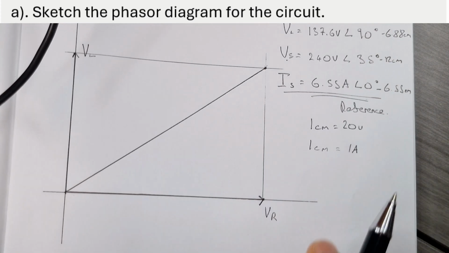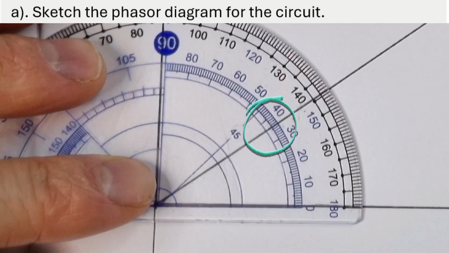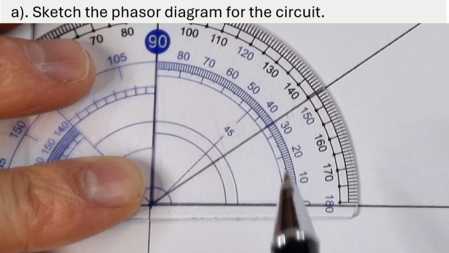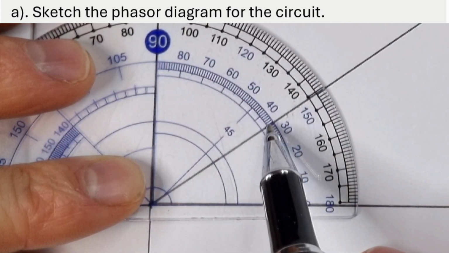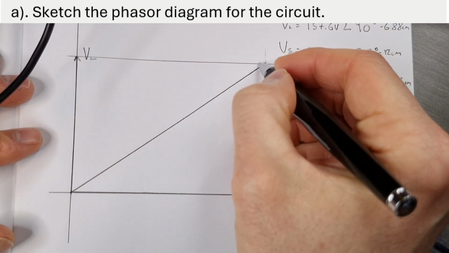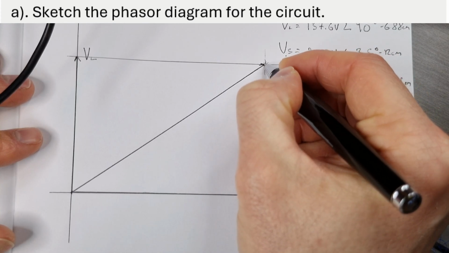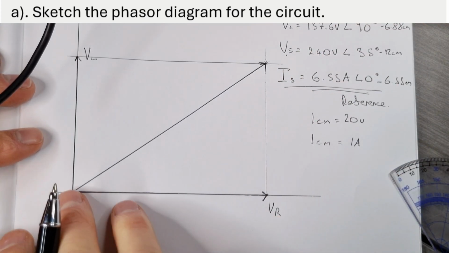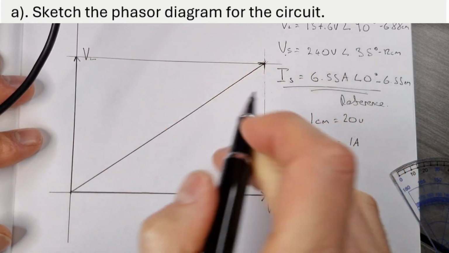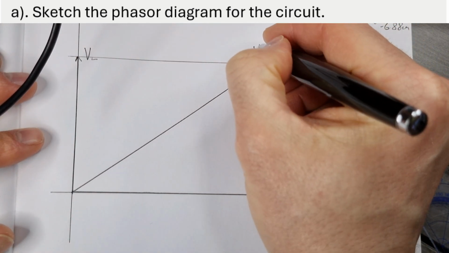And for the angle, we're aiming for 35 degrees, and I'm sure I've zoomed in the video here, but we can see 35 degrees. So that's a little hack, I suppose you might call it. Just remember that if you do forget your protractor, or you don't have a protractor, where the horizontal and the vertical lines intersect, that is where your VS is. So we can label that VS.